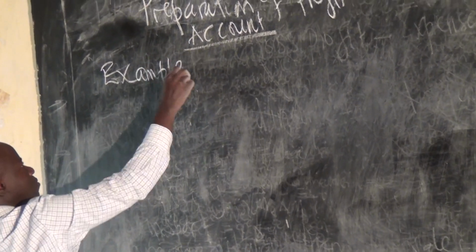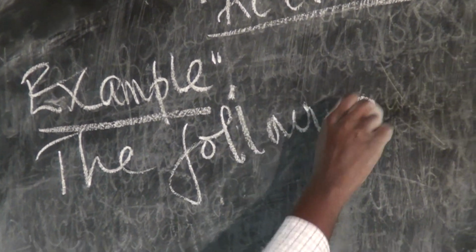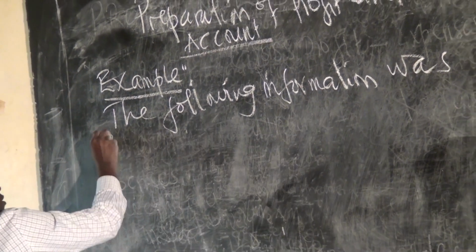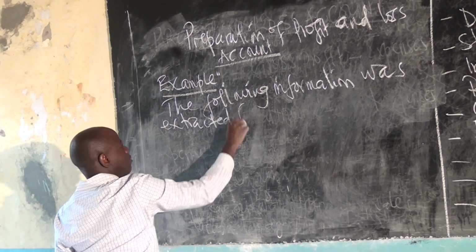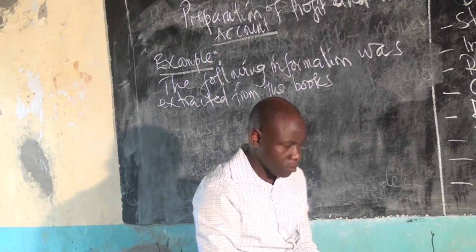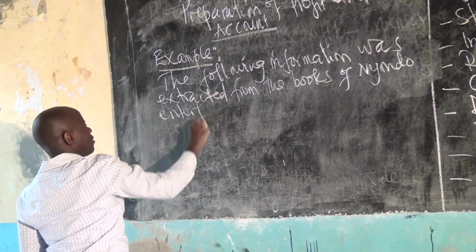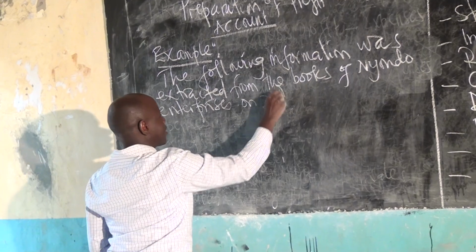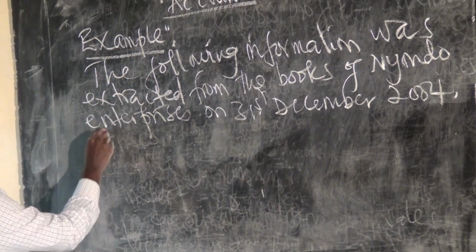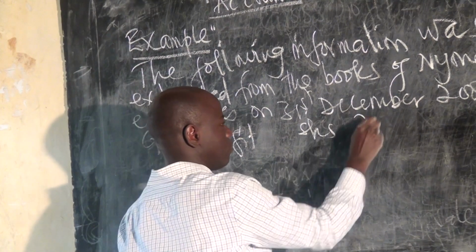Example. The following information was extracted from the books of Nyondo Enterprises on 31st December 2004. Gross profit, shillings 2 million.